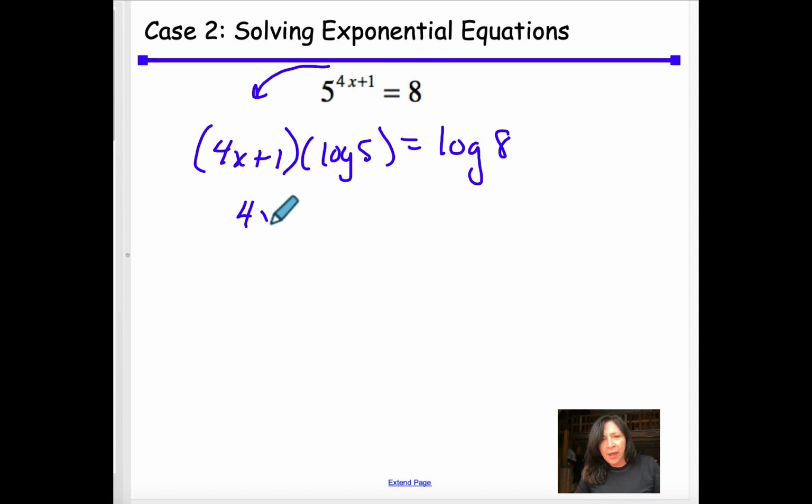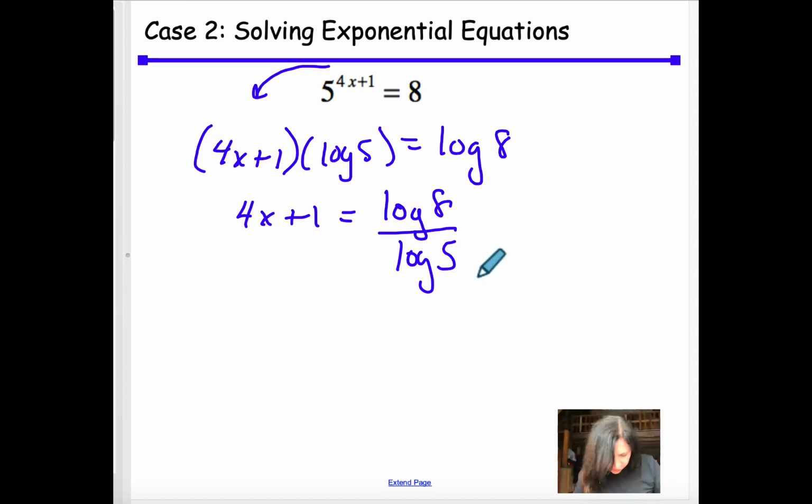I'm going to get 4x plus 1 is equal to log base 10 of 8 divided by log base 10 of 5. And so in doing that, you guys use your calculator, log base 10 of 8 divided by log base 10 of 5, and I get about 1.292. So I get 4x plus 1 is equal to 1.292.